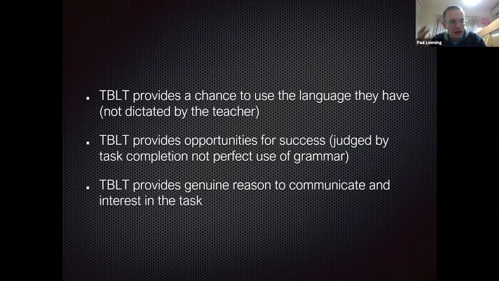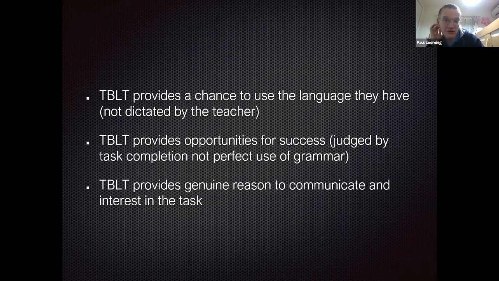One of the things they love is when they can negotiate a successful interaction and get the thing they wanted. Not with perfect grammar, but communication. So TBLT allows them to build self-efficacy, and it allows them to therefore increase their feelings of success for tasks.